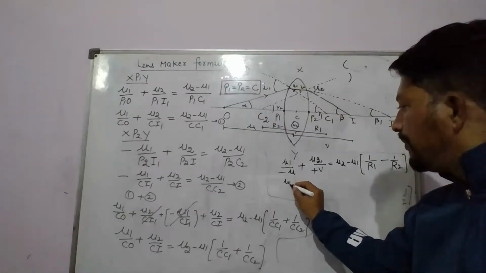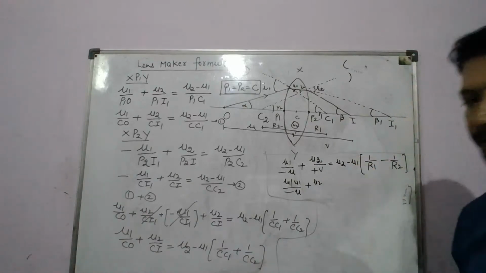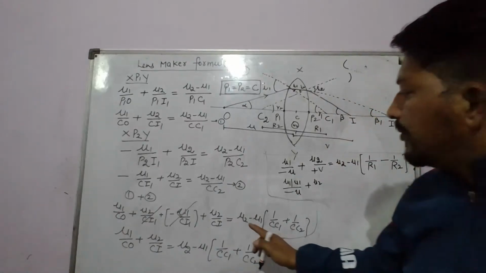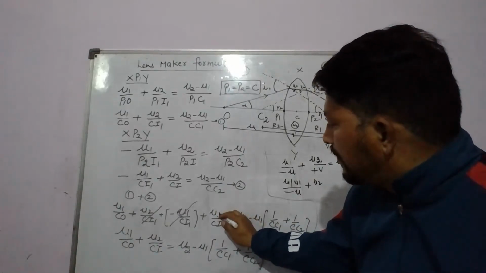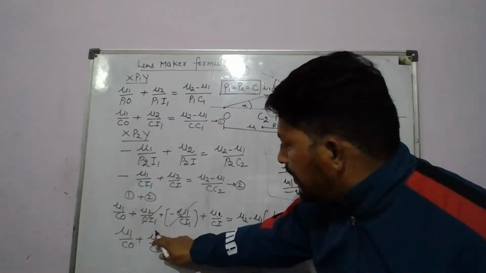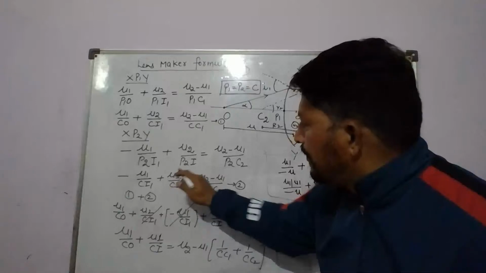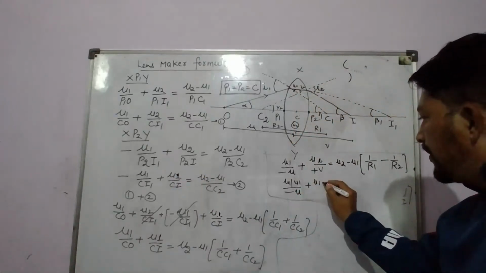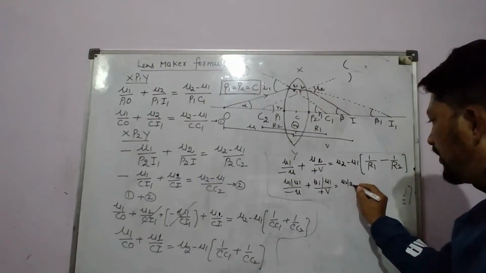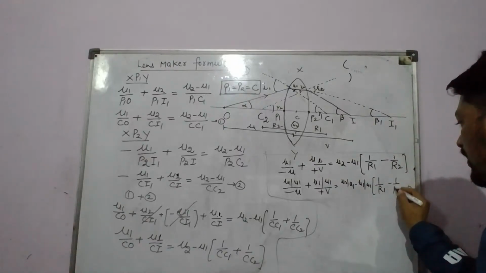Again, mu1 upon minus u plus mu2 upon v, we can write the equation: mu1 divided by plus v is equal to mu2 by mu1 times 1 by r1 minus 1 by r2.